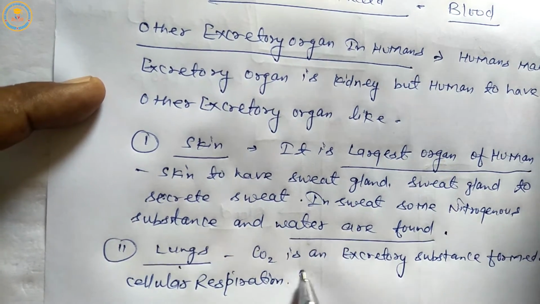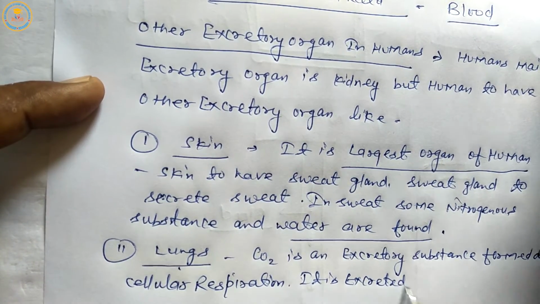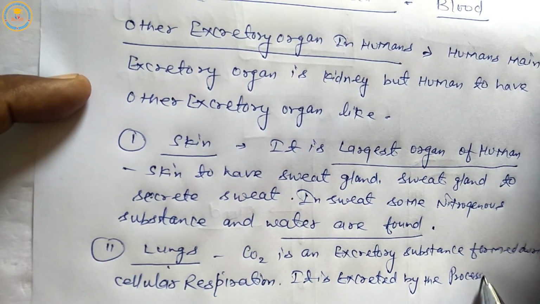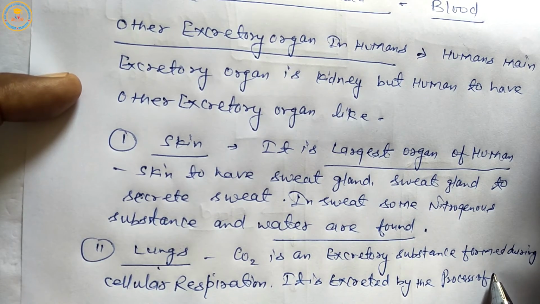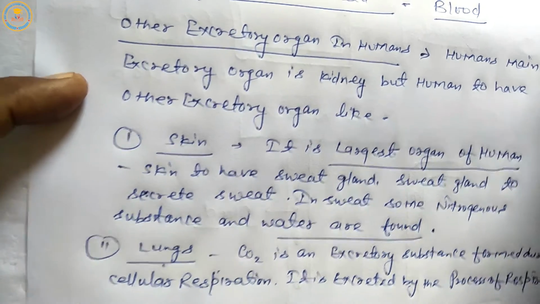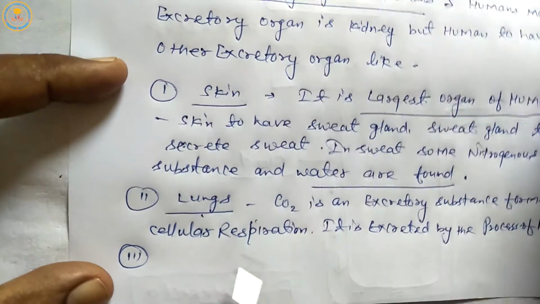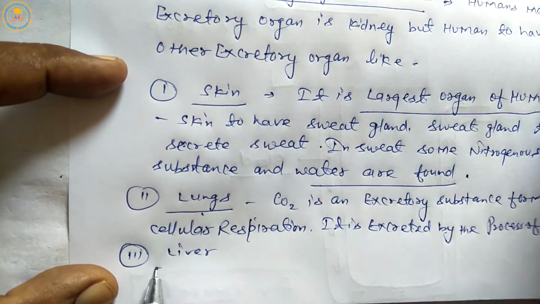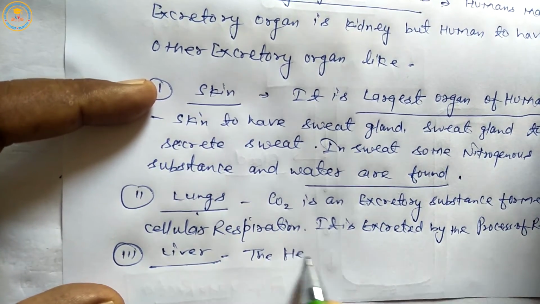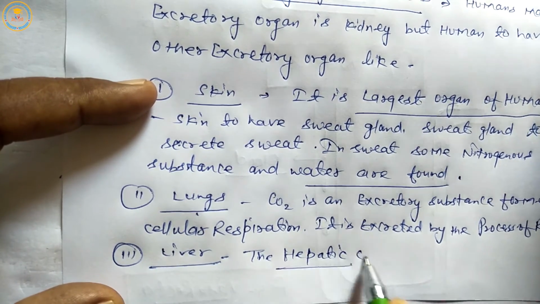It is excreted by the process of breathing or respiration. Next, third is liver. The liver cell or the hepatic cell. Hepatic is the biological name of liver.